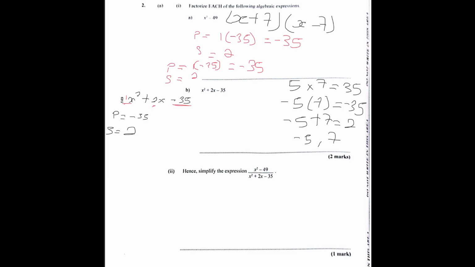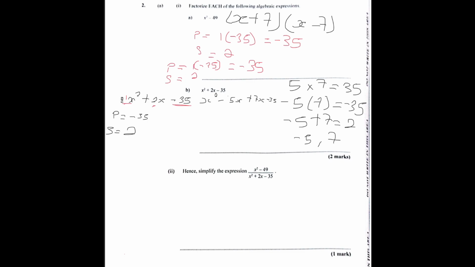Now we're going to use those two numbers and put them into this expression. We're going to say x squared subtract 5x plus 7x subtract 35. Now let's factorize it.